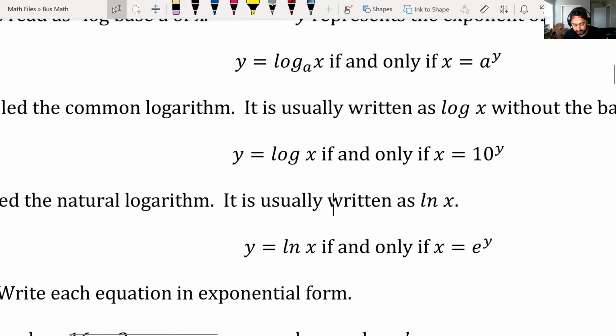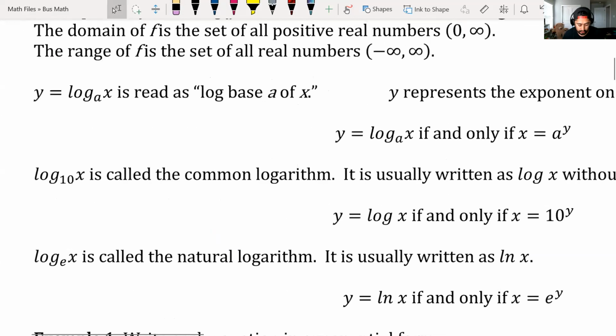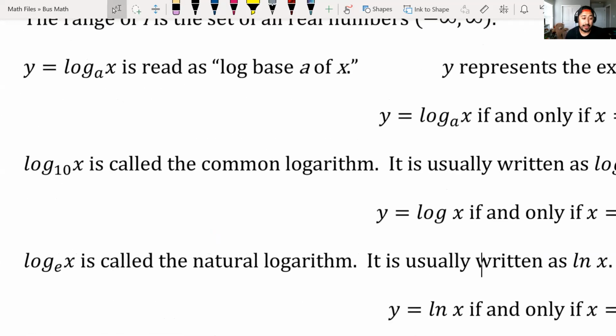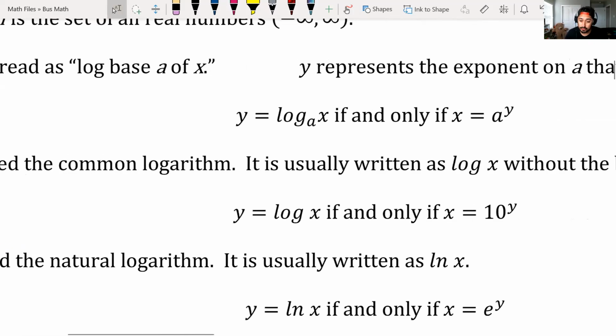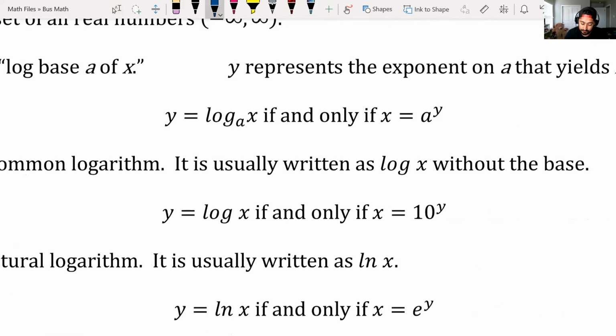Now we get into something called the natural log. The natural log has a base of e. The base of the natural log is the number e, which you see over here. Log base e of x. But we don't want to write it like that. That looks a little too complicated. So another way to rewrite the natural log is right here. Look at that. The natural log of x. Okay?